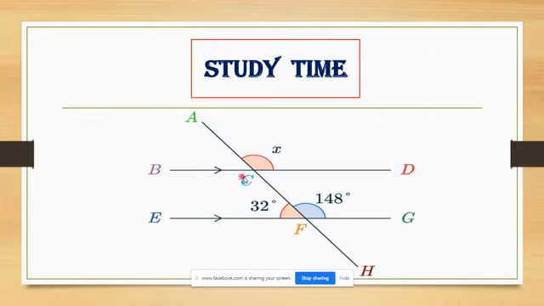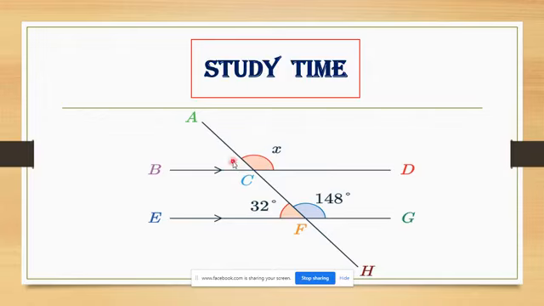I think if this is 32, see here, these will be the alternate angles. And how are the alternate angles? So, this is a clue to you. If this is 32 and this is an alternate angle to 32, it will be 32, and this will be vertically opposite to 32.